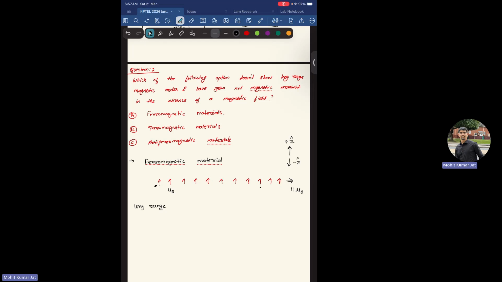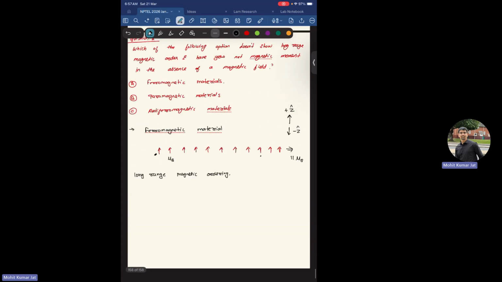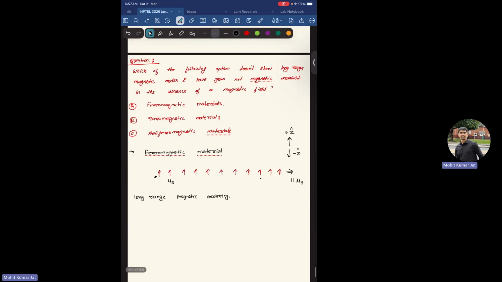So long range magnetic ordering is there. The question asks which does not show long range magnetic order and has zero net magnetic moment. So this one has order, so this can't be the answer.